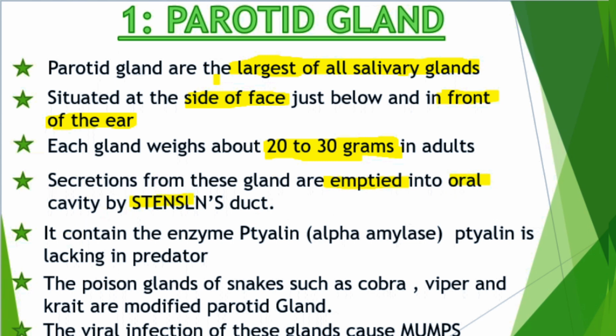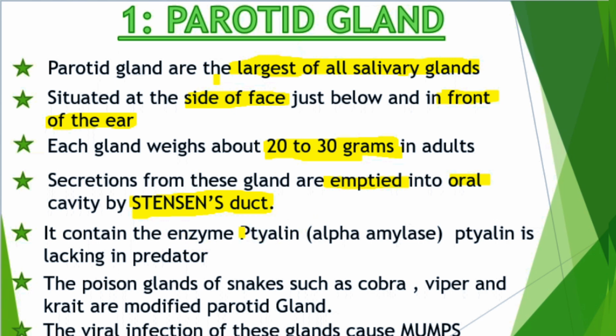This duct is basically called the Stenson duct. This is the duct through which the secretion of the parotid gland is released into the buccal cavity.